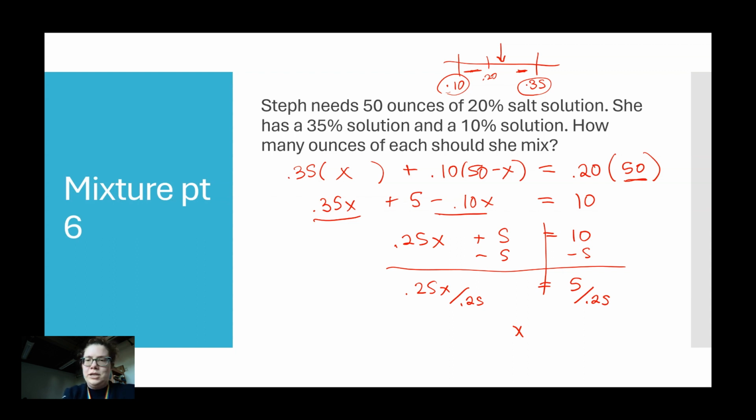The 35% solution I need. So the 35% solution I needed 20 ounces of. And since it's 50 altogether, 50 minus 20 tells me I need 30 ounces of the 10% solution. Does that track? Yes. We said at the beginning it should have been more of the 10% solution. So excellent.